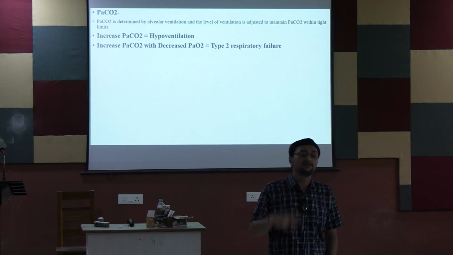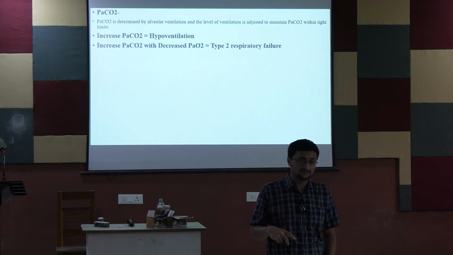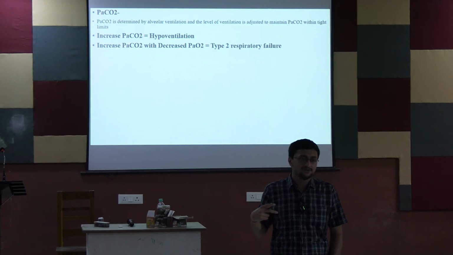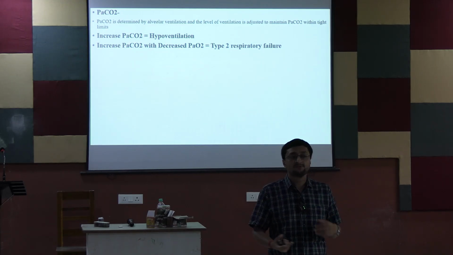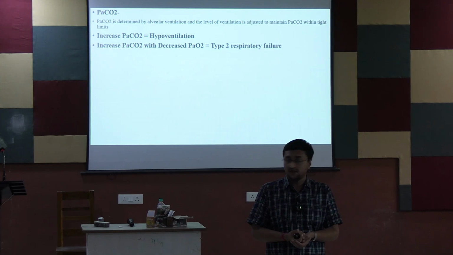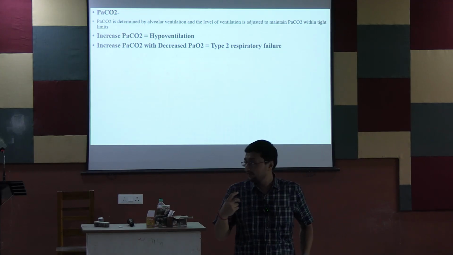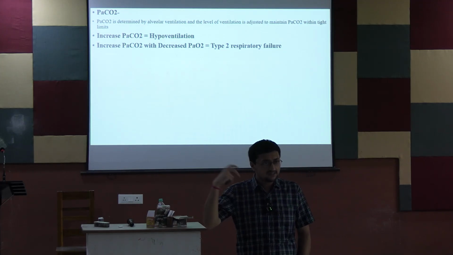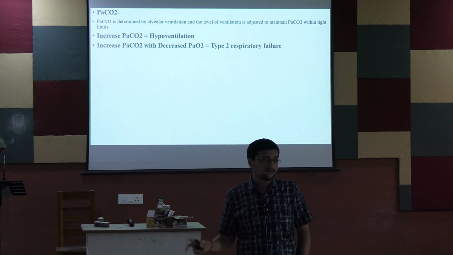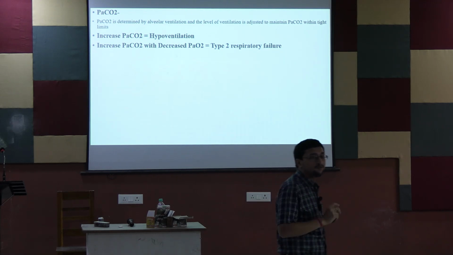That leads to hypoventilation. Right. Next one is diaphragm palsy. In diaphragm palsy the patient will hypoventilate, retention of carbon dioxide will be there. Right. And respiratory depression, central respiratory depression, neuromuscular blockade. So these things are the important causes of type 2 respiratory failure.